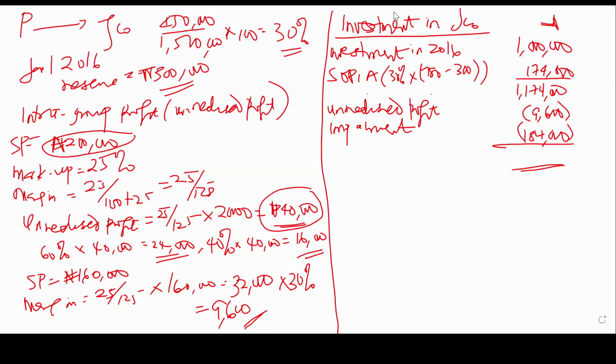What do we have, please? 980,400. 980 or 950?